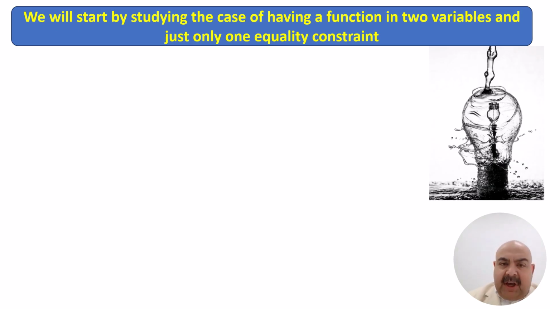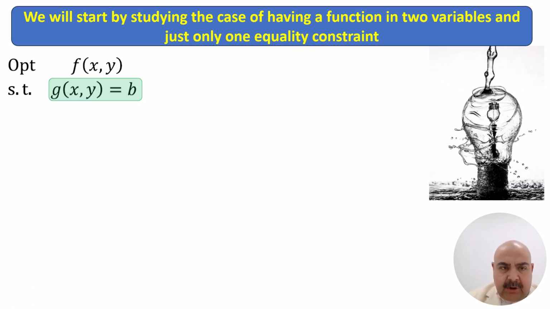We will study the case of having a function in two variables and just one constraint. Let me get my laser pointer. So this is the function required to be optimized, either to get its maximum or its minimum value. In the situation of, for example, maximizing the profit of a certain company or institute, we will be maximizing.